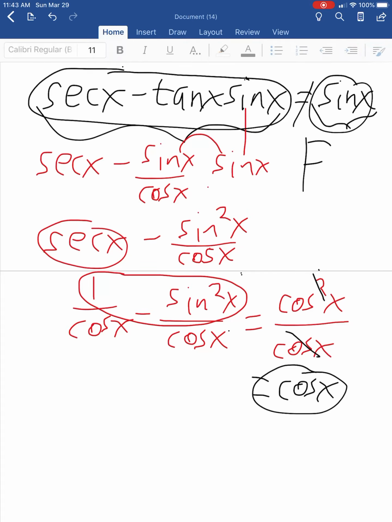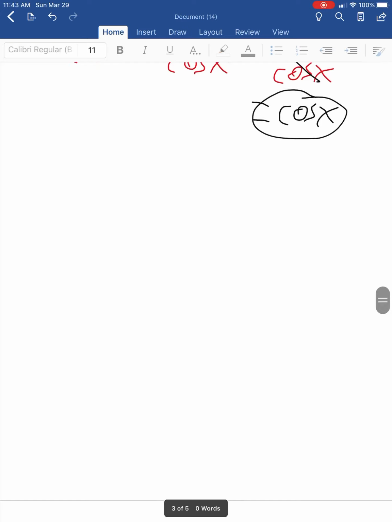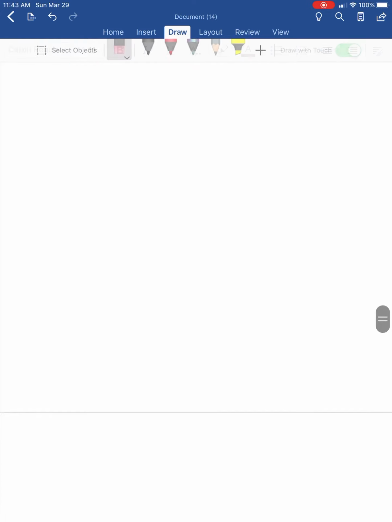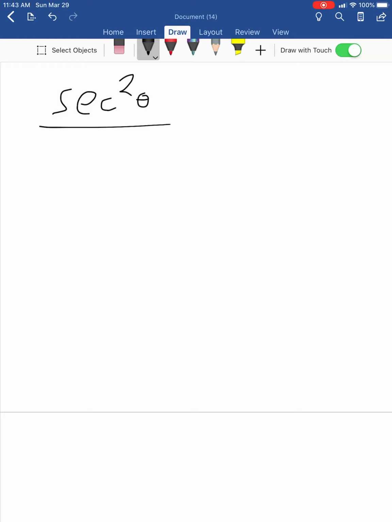Okay, so let's go through a couple more. And again, it's real important that you have that formula sheet. Oh, I'll use theta.